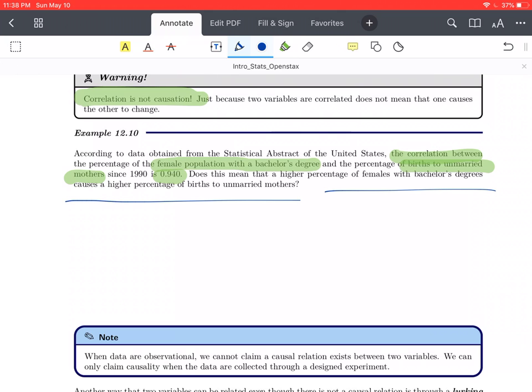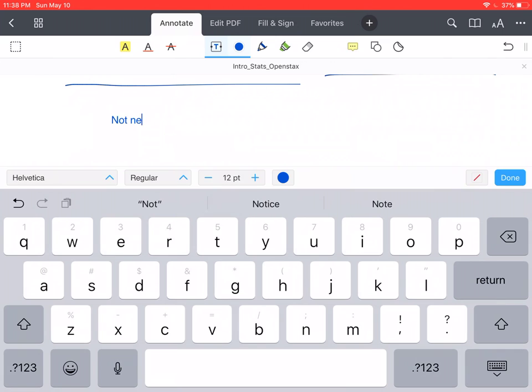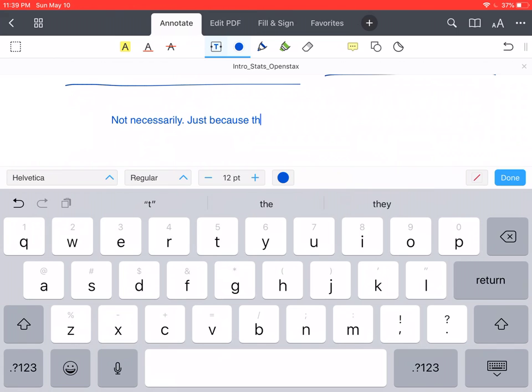That's an important thing here: not necessarily. Just because the two correlate does not mean one caused the other.